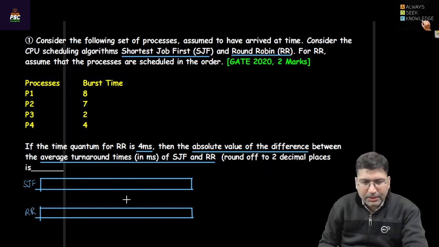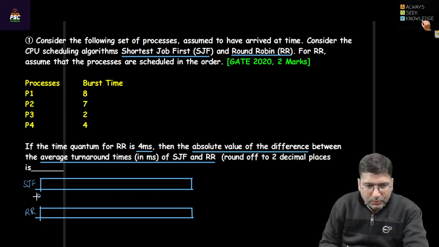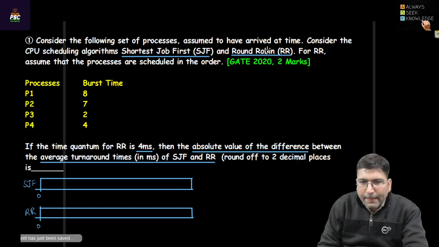So now first complete the SJF. This is moment 0 and 0. Every process arrives at the same time, I guess it is given. Assume them to have arrived at the same time. So arrival time for every process is 0.